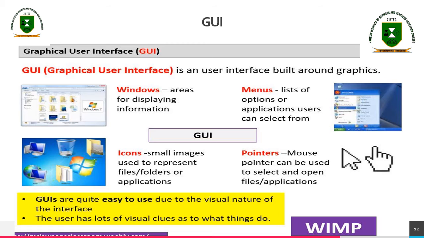The command line interface mostly deals with commands, so if you don't know commands, it will be very difficult for you to use it. But with this one, since it displays icons in form of images, you are able to read and be directed on what you're supposed to do, if you want to delete or rename the folder.